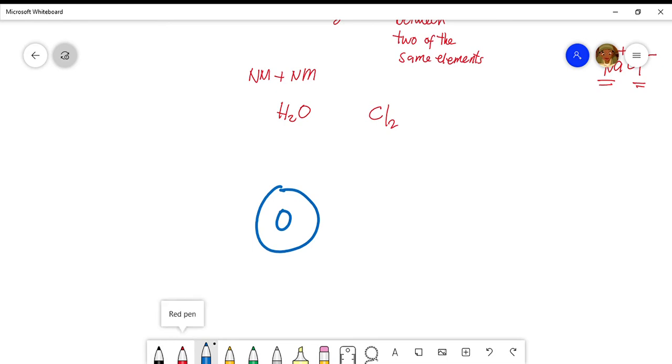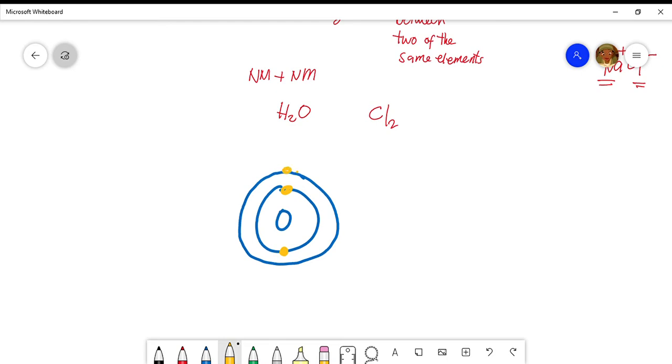Based on your electron configuration lesson, the first energy level can carry 2 electrons. The second energy level can carry 8.